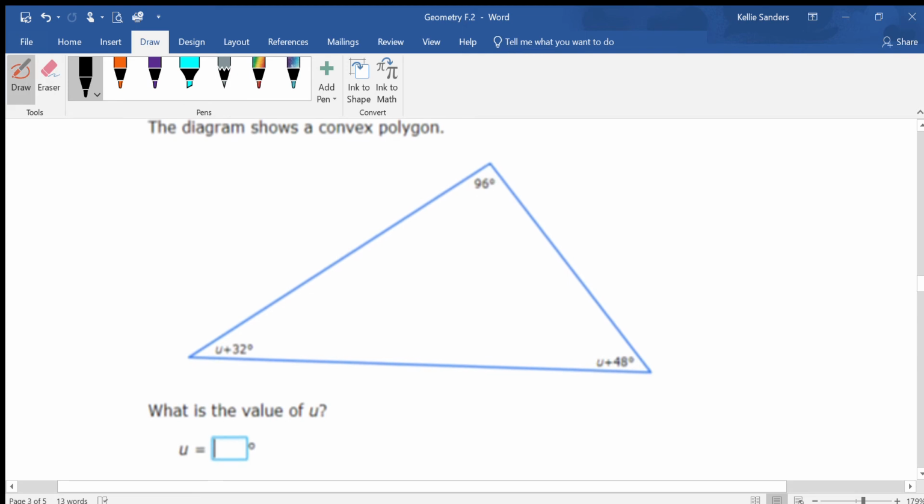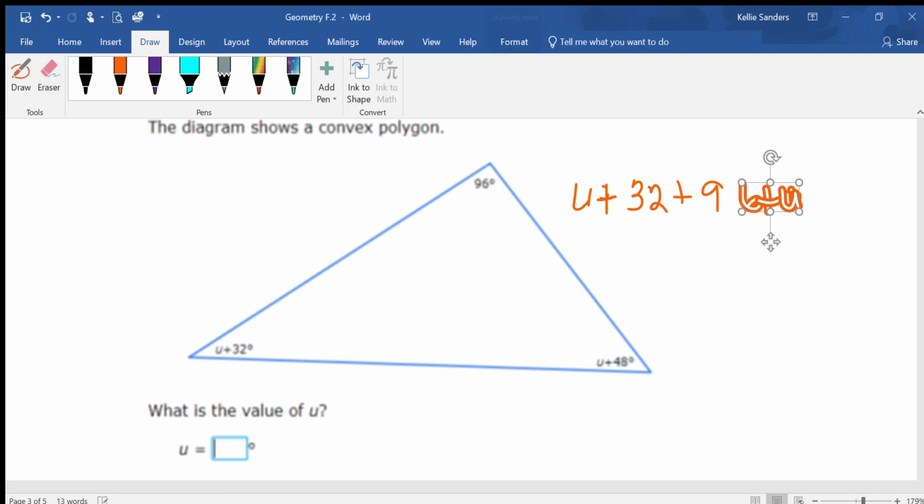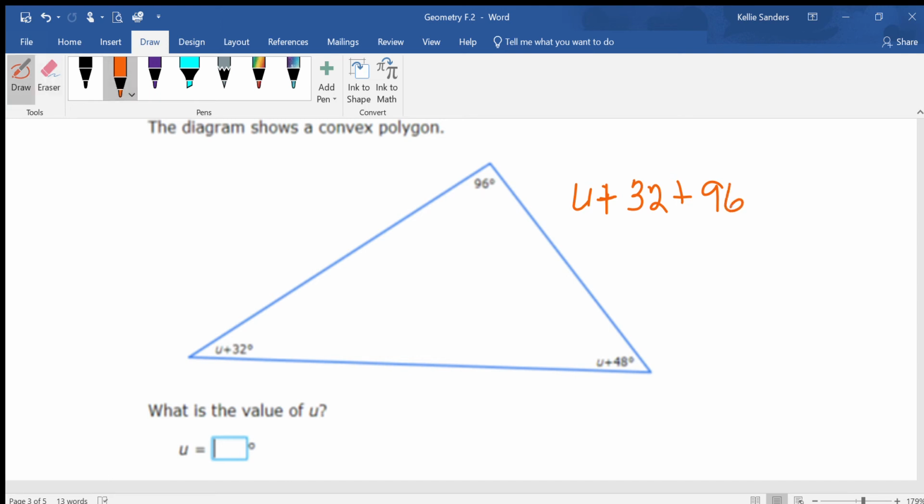Keep on going. U plus 32 plus 96 plus U, just a second. Okay. 96 plus U plus 48 equals 180.